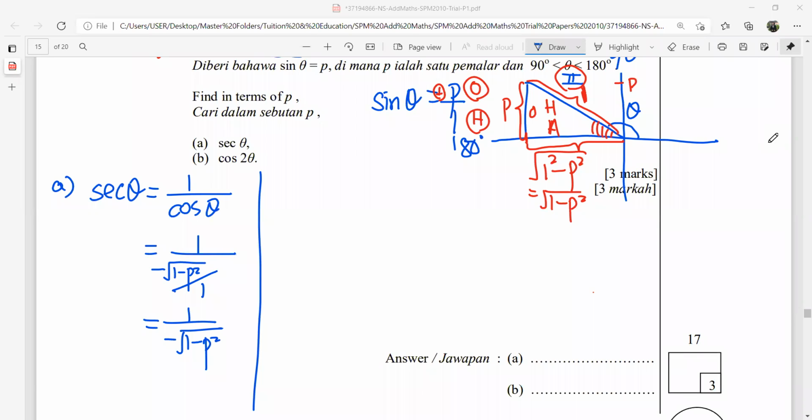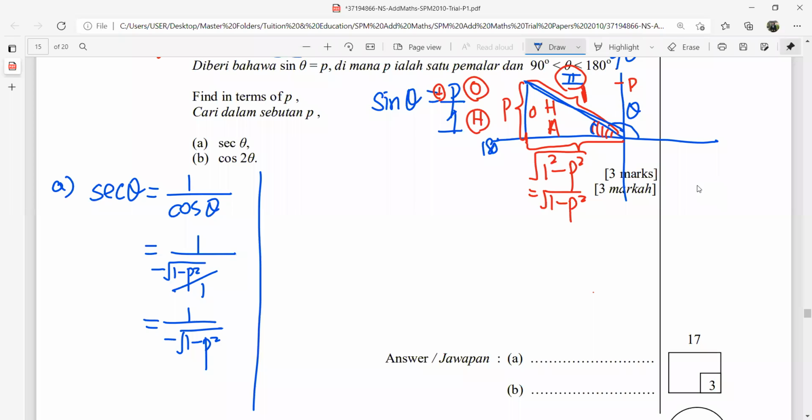What happened? How come some of you did not get the answer? They give you sine theta. How come 1 over square root of 1 minus p squared? Because you have to find the adjacent side. You got the hypotenuse, 1.